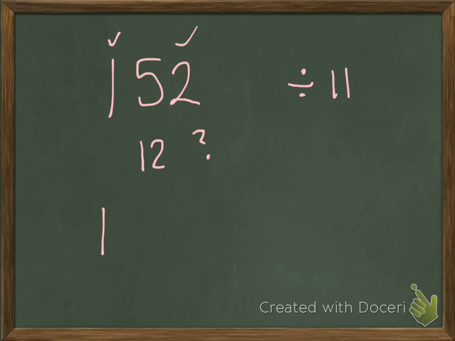Okay, so if I take the first number, I add these two together, well that would be 3, and then I take the last number, 2. So no, 152 is not completely divisible by 11. So there's just a few uses of the multiplying 11 trick.